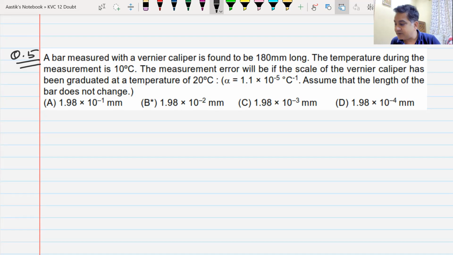What is the error in measurement? So this involves error. This involves thermodynamics. So now this becomes a question of JEE Advanced because it involves two topics. But any one part of this question is a question of JEE Main, or for that matter, NEET.